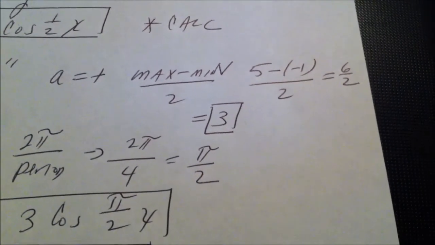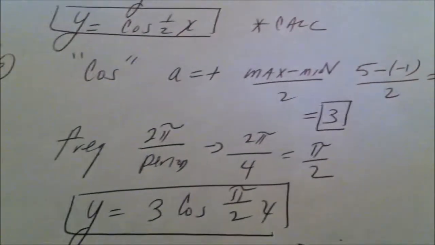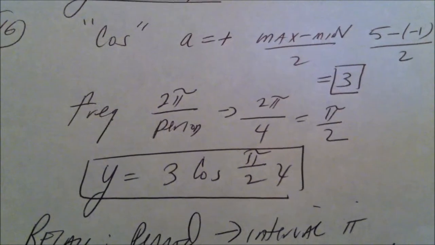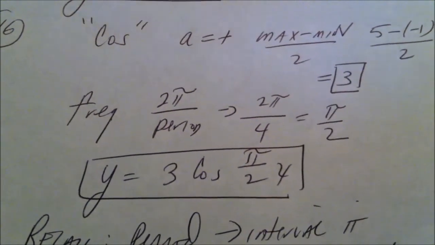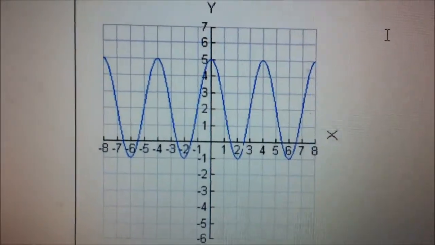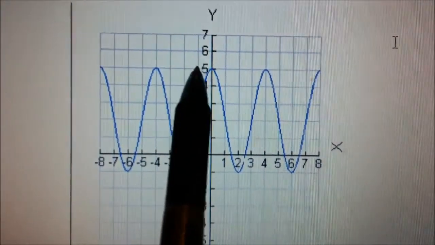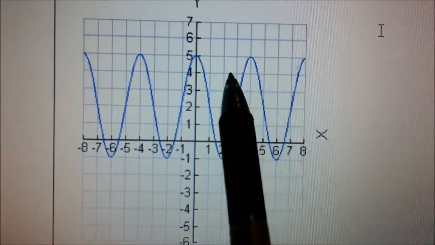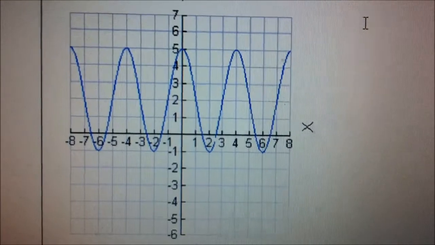Now we have to find our B, our frequency. To find our frequency, it's 2 pi divided by the period. Looking at the curve, do you see how this is one cycle of the cosine curve right here? A hill and a valley.